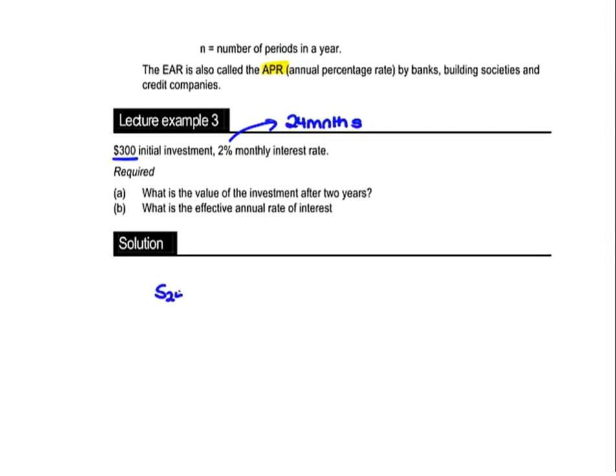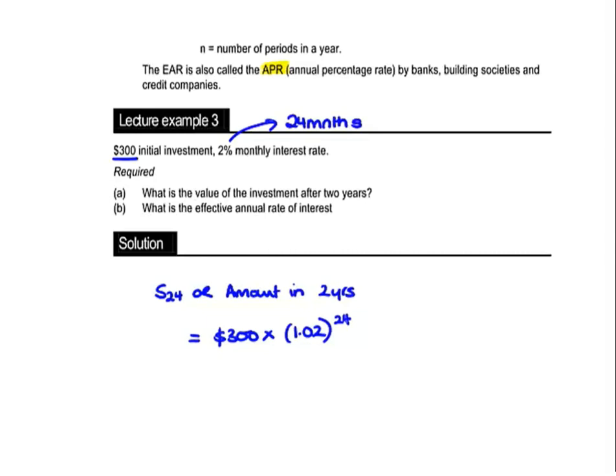So S24, or the amount in 2 years, is equal to $300 multiplied by 1.02 to the power 24.